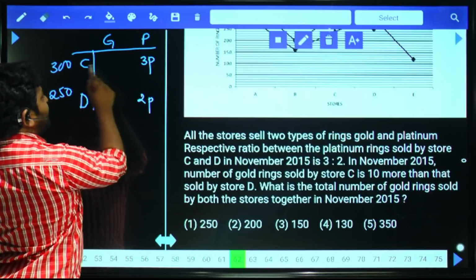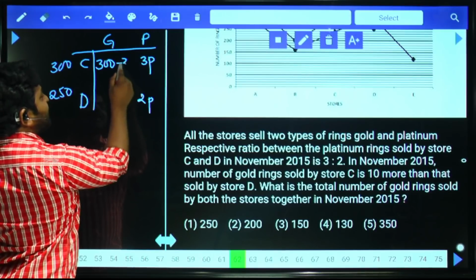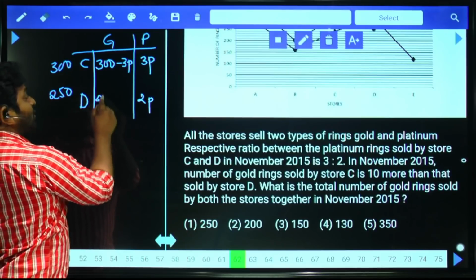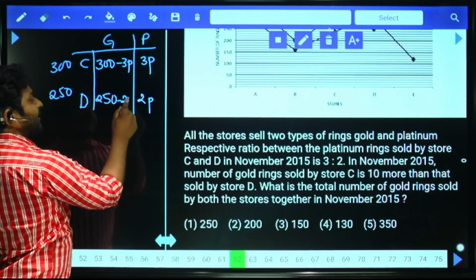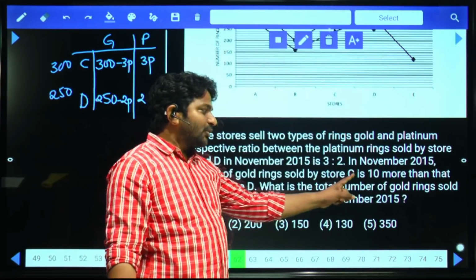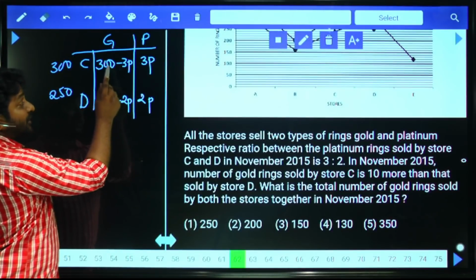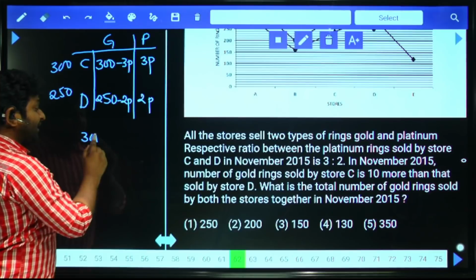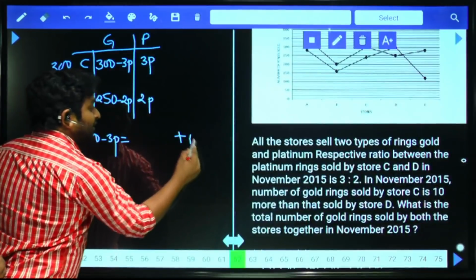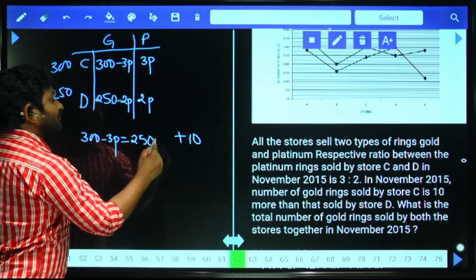Then gold rings in store C is total rings minus platinum, and the same in store D. Your condition says gold rings sold by store C is 10 more than that of D. So 300 minus 3 parts is 10 more than 250 minus 2 parts.